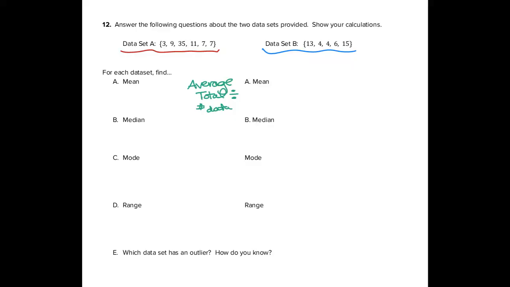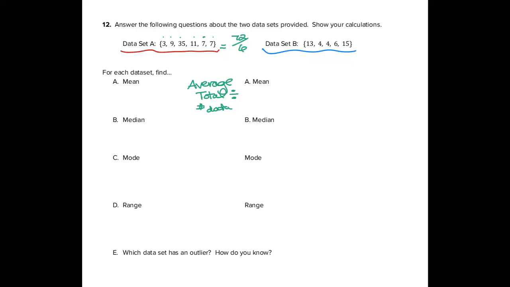Okay? So if you have a handy dandy calculator for set A, that is 3 plus 9 plus 35 plus 11 plus 7 plus 7 gives me a total of 72. And there are 1, 2, 3, 4, 5, 6 pieces of data.